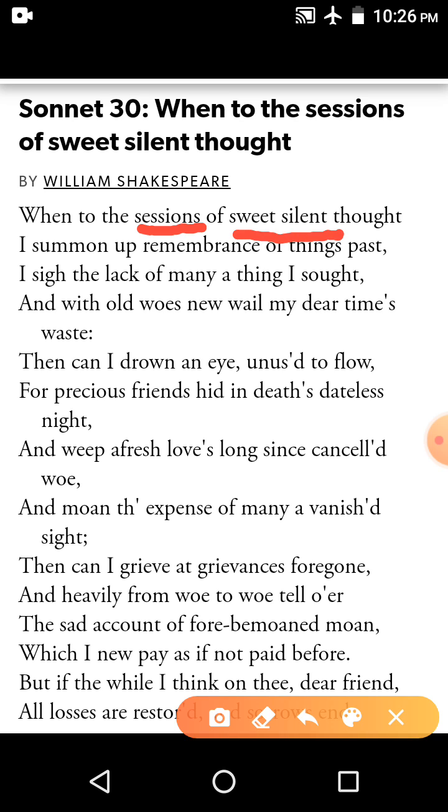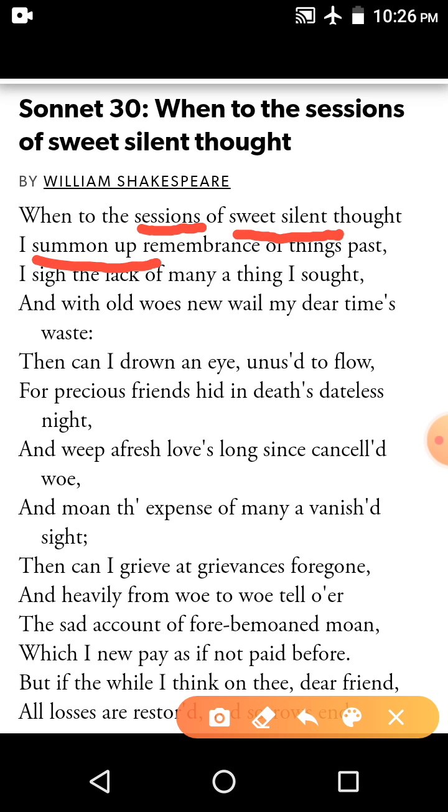Whenever I am free, I think about beautiful things, and at that time, at that session, as in a court session, witnesses are called. So I summon up. Summon up means called, बुलाना, गवाह को बुलाना.